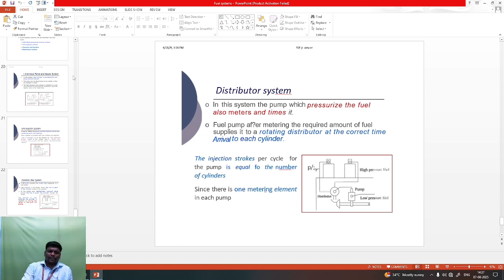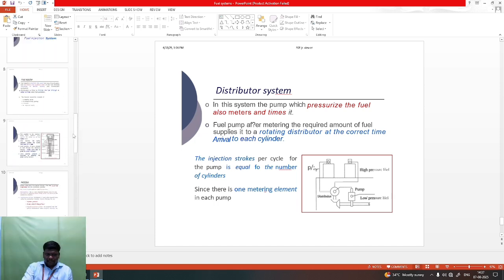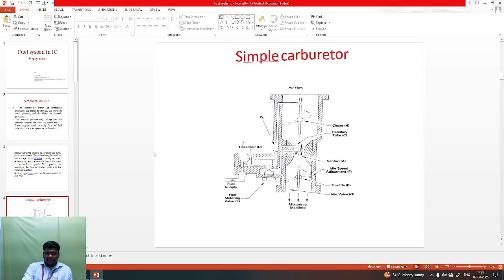Okay, so let us look at the carburetor a little bit. This is a simple carburetor. Once again, airflow comes from the top, and the choke will be active or non-active. The air passes through the venturi. At the same time, the fuel supply passes through the float chamber. Whenever the float chamber has high pressure, the float will close the valve.